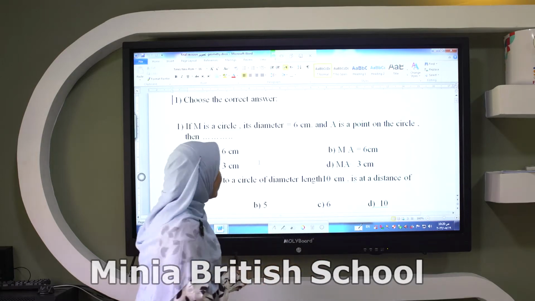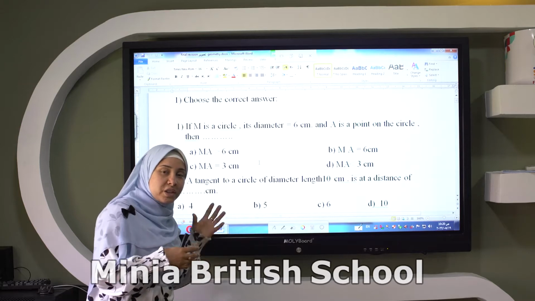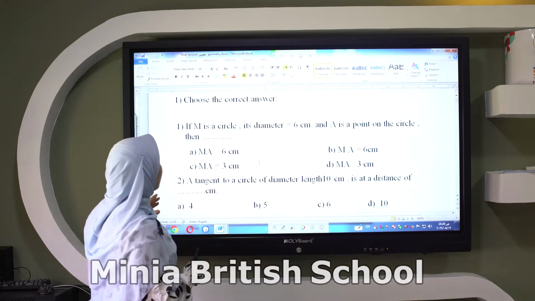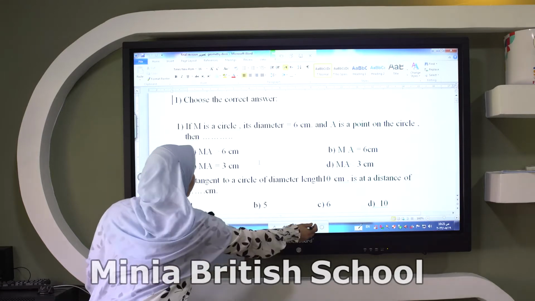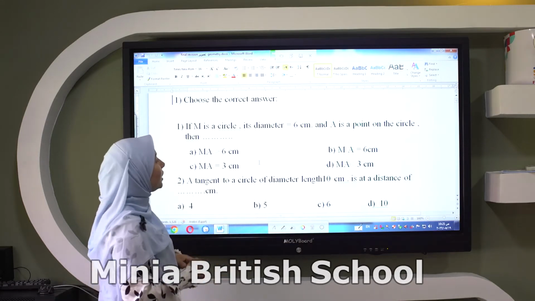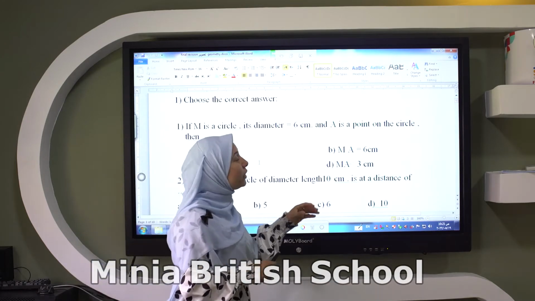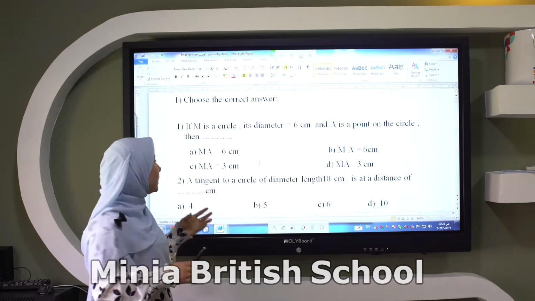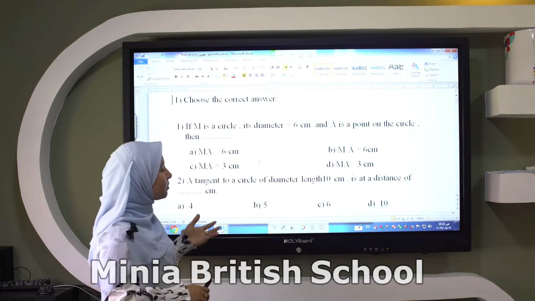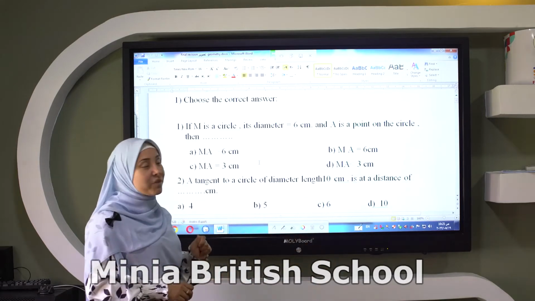Let's go. The first questions here, I have some questions in the choose. The first one, number 1: if M is a circle, its diameter equals 6 centimeter and A is a point on the circle, then what? MA greater than 6 centimeter, MA equals 6, MA less than 3, MA equals 3.